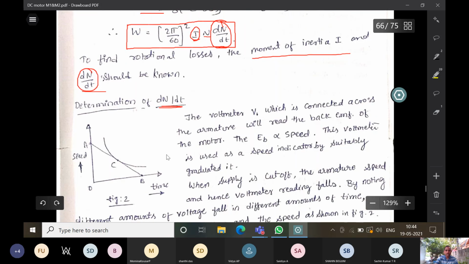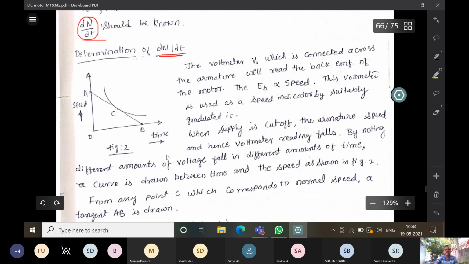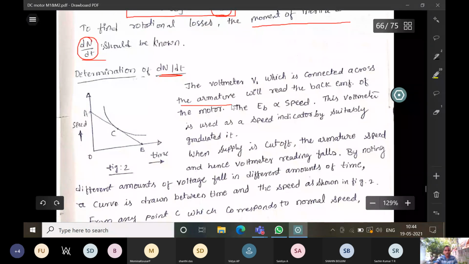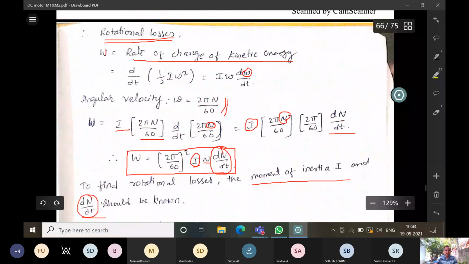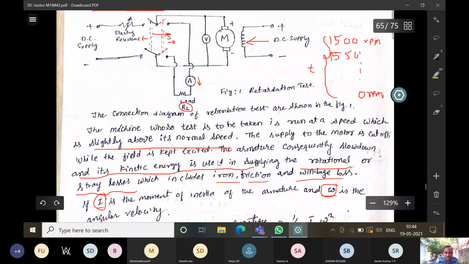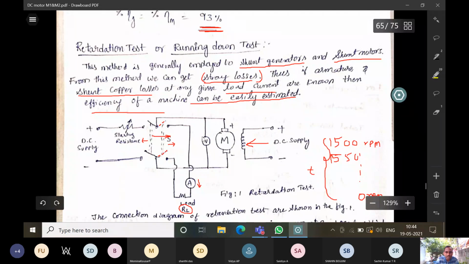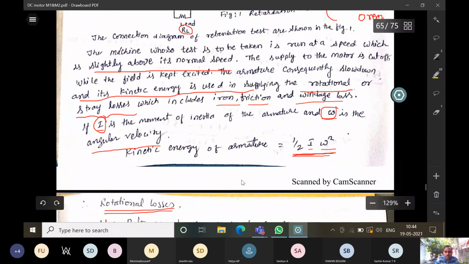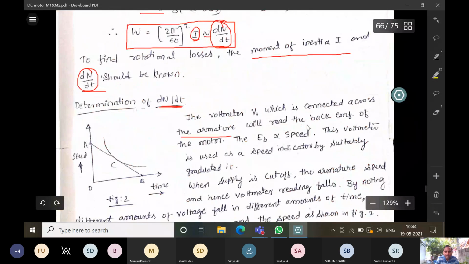Okay, so go to the circuit. The voltmeter V is connected across the armature. To find out dN by dt, this is the demonstration. The voltmeter connected across the armature will read the back EMF of the motor, and back EMF is directly proportional to speed. So the voltmeter reading is also directly proportional to speed.